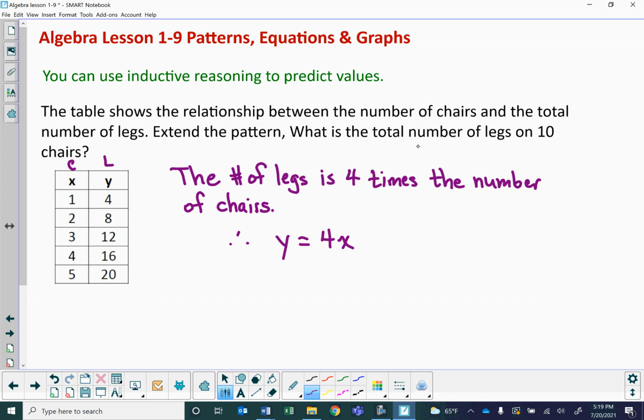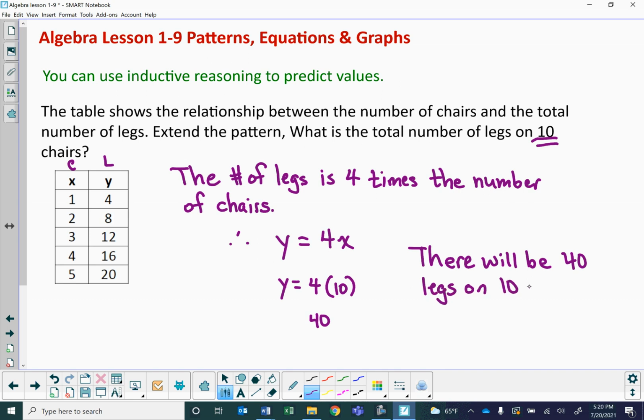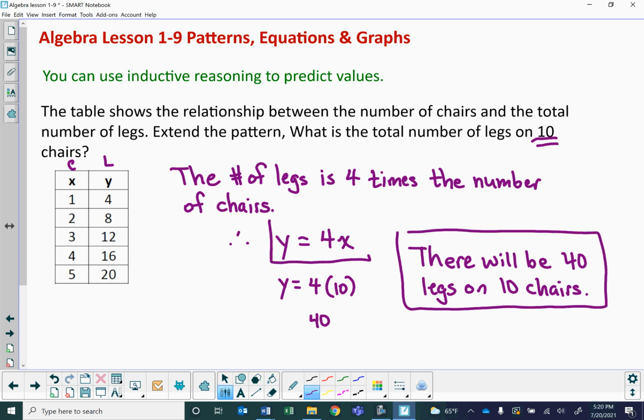Okay, so then it says, what is the total number of legs on 10 chairs? So y is going to equal 4 times 10, which is 40. So there will be 40 legs on 10 chairs. And this was done inductively because we were looking at a pattern. Okay, so we have 2 things here. There's my equation. Okay, and then there's my answer.